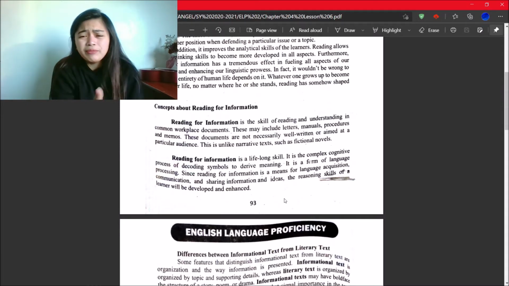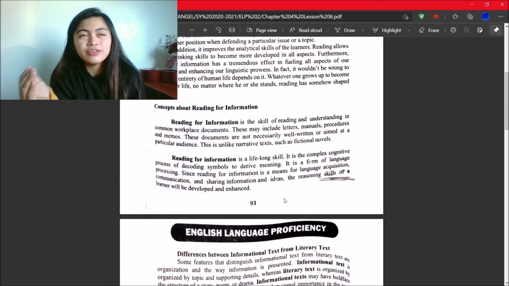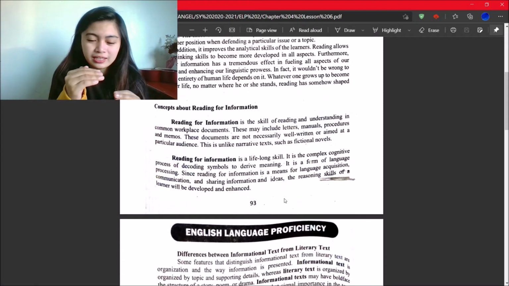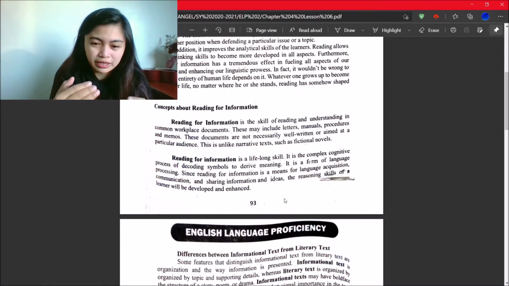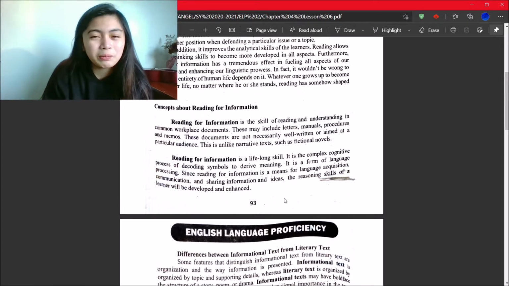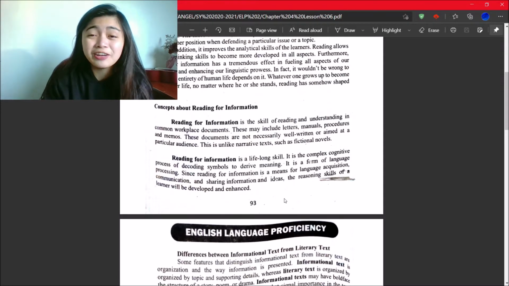And reading for information is a lifelong skill. So, sabi nga nila, you can have it all, but you cannot just have it all at once. So in reading, it opens our minds kasi when you are reading, you need to be patient, kasi not all the times when we read, we find all the answers.